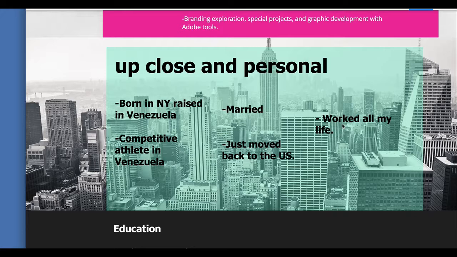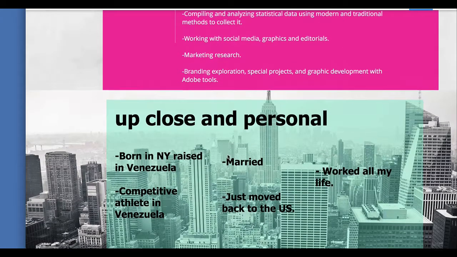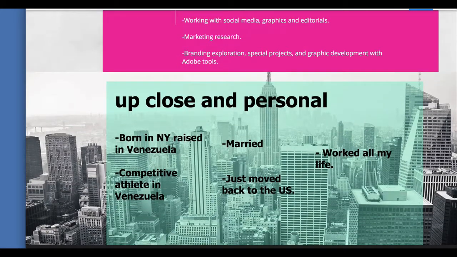You can have a resume. You can say hard worker and self-starter. This is interesting, competitive athlete, and this is interesting, okay? And you don't have to say you've moved back to the States, because you might want to work in Venezuela. You don't know.